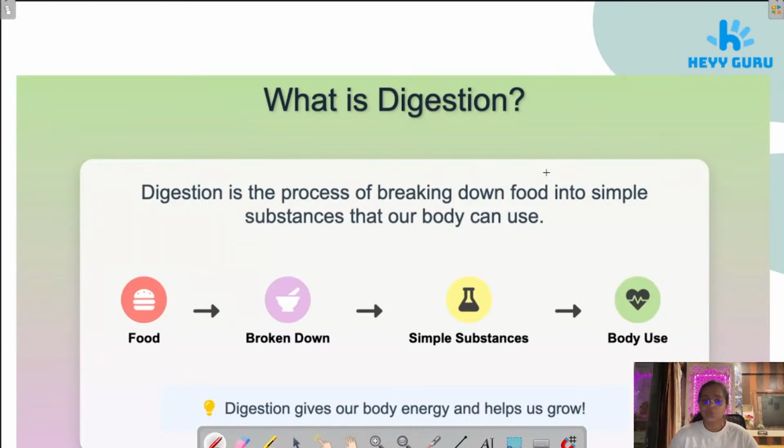That is a process where the food is broken down. Your teeth are able to do the breaking down of the food. You are chewing, right? The food gets into smaller particles, then it goes to your stomach. After the stomach, it goes to the large intestine and small intestine.